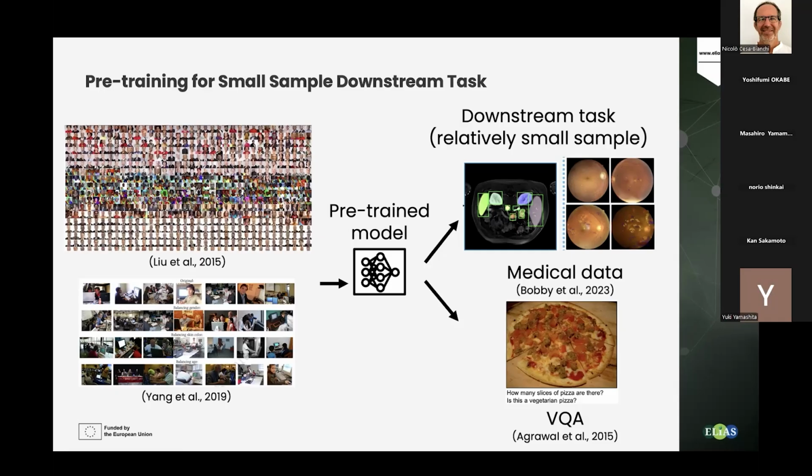And for example, the pre-trained model can be used for more complex tasks like visual question answering by combining the pre-trained text model and the visual model into a single model to answer some question about the image.